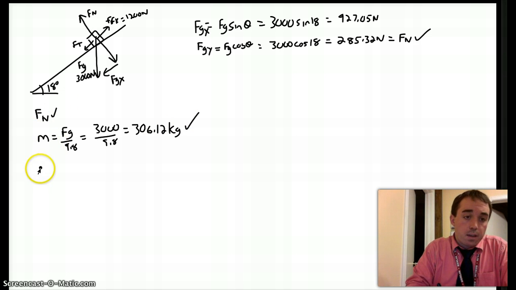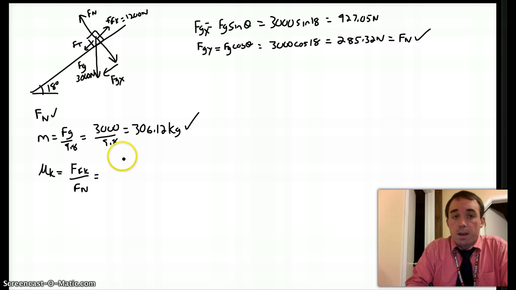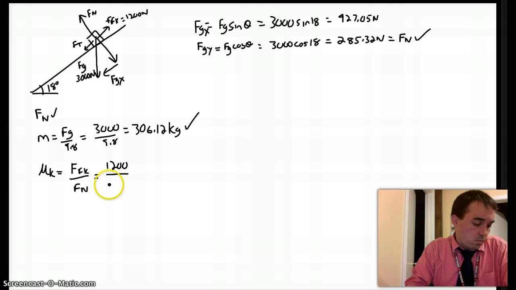And we have to find mu k, which is the force of kinetic friction over the normal force. So I can do that by taking the 1,200, which is our kinetic friction, divided by the normal force, which we just calculated, was... that doesn't make sense.